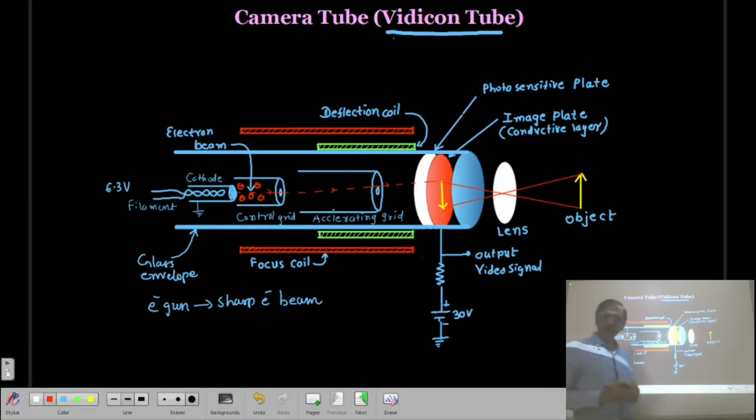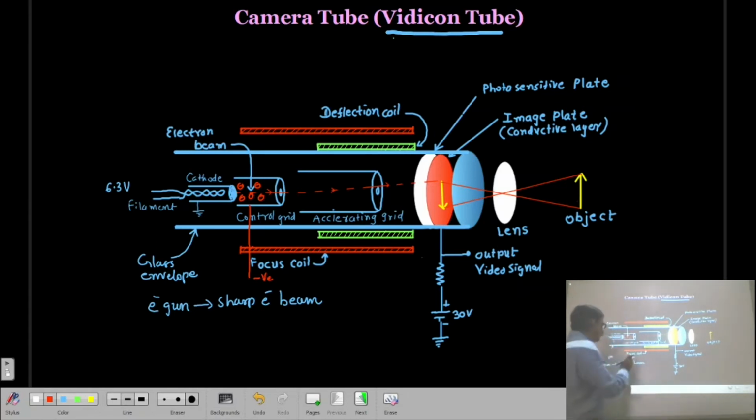Now to control the number of electrons, they have to pass through a control grid. The control grid is connected to a negative potential.